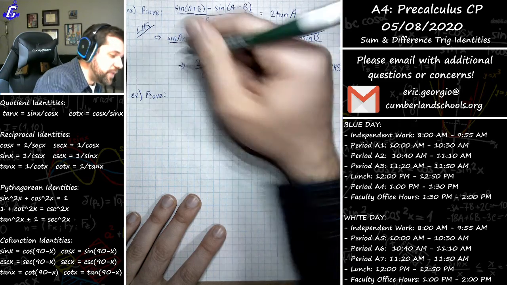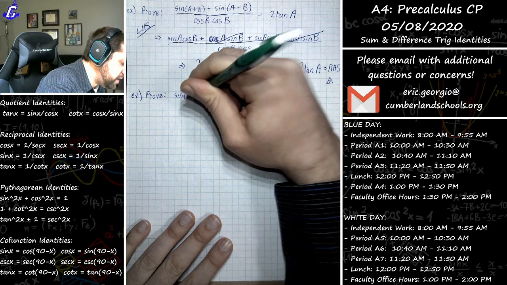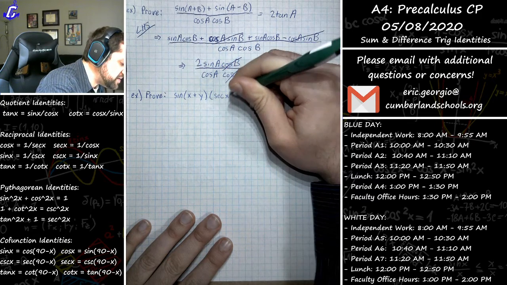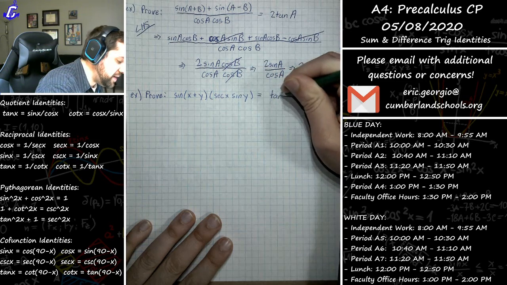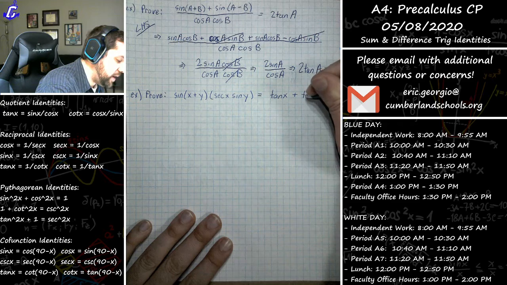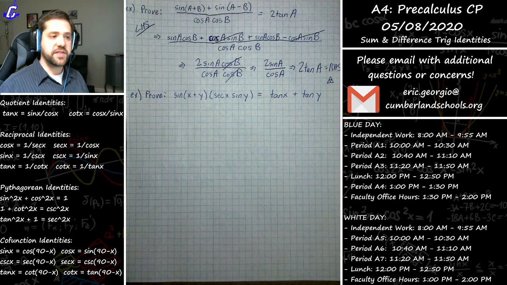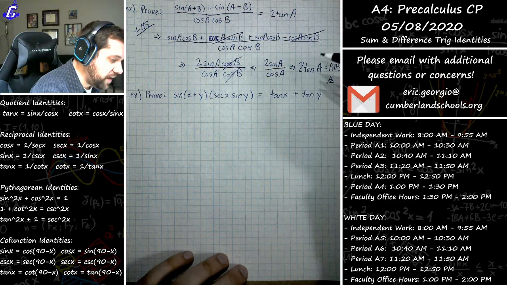Another proof. Let's see if we can prove that the sine of x plus y times the secant of x times the secant of y is equal to the tangent of x plus the tangent of y. Okay? We're going to try to see if we can prove that the sine of x plus y times the secant of x, oh, sorry, not the sine of y, my fault.